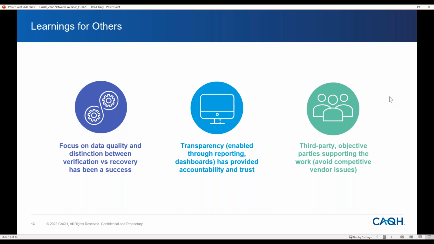And then the third part that we wanted to highlight was the uniqueness of the model of trying to separate out identification from recovery and tying an accountable business model to the fee structure for everyone involved. We really think that that third-party objective lens through which CAQH provides information, and that Zane Network approached its relationship with the District of Columbia, started to avoid competitive issues or perverse incentives that may occur.